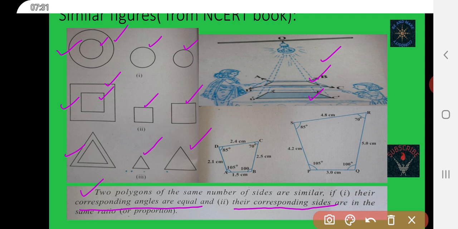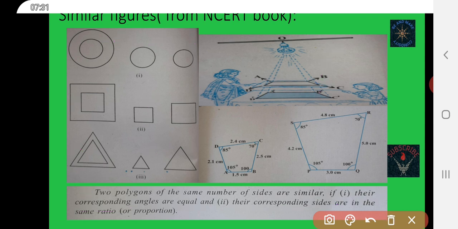So here you see the quadrilateral ABCD and quadrilateral PQRS. In the two quadrilaterals, you observe whether the corresponding angles are equal or not. If they are equal, we go for the second condition, that is their corresponding sides are in the same ratios.